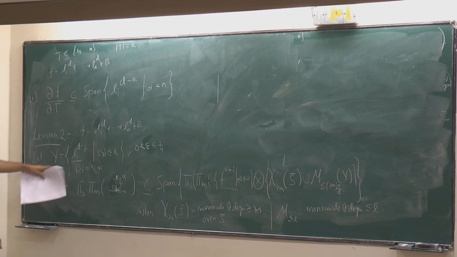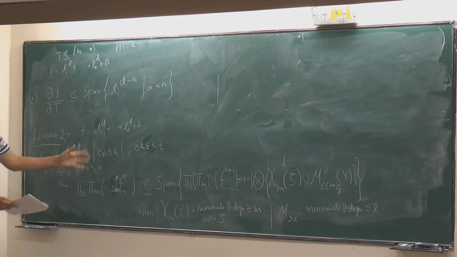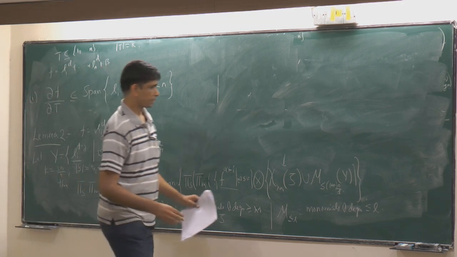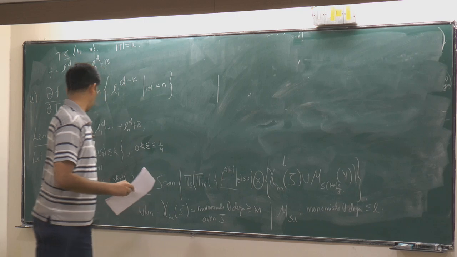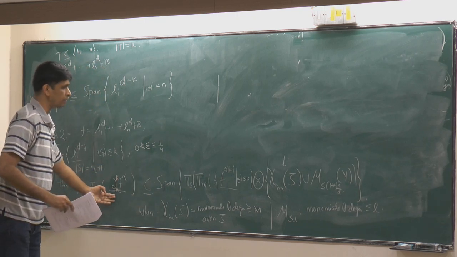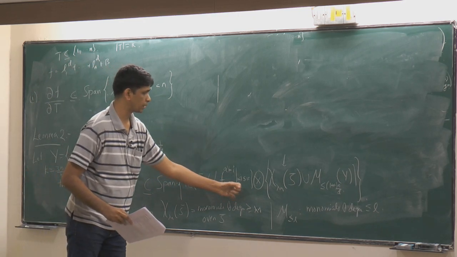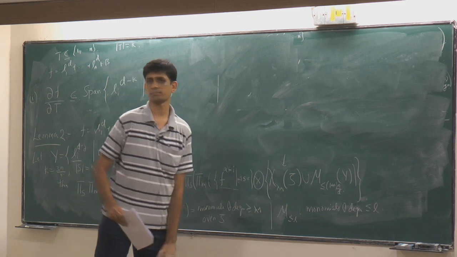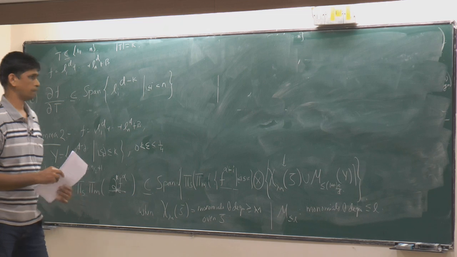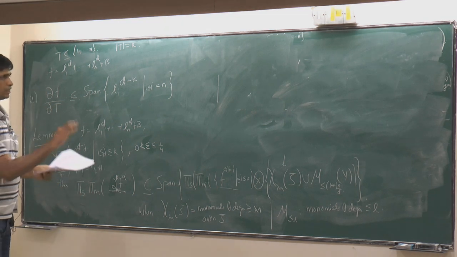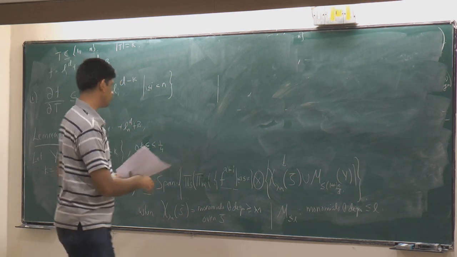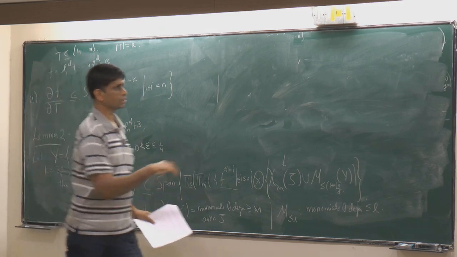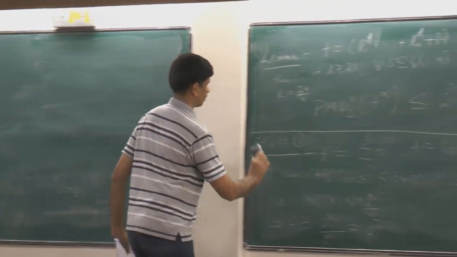So the size of y is n times d at most. Or in other words, any projection of derivative can be written as a linear combination of a product of a polynomial here and monomials from here. Okay. So let me just assume this and conclude the proof of the lemma.